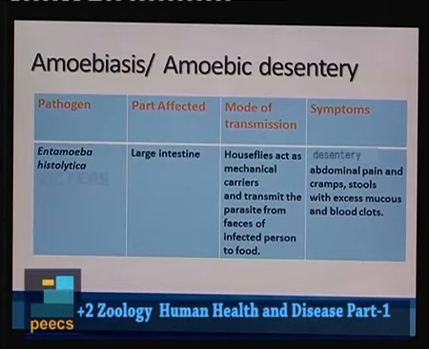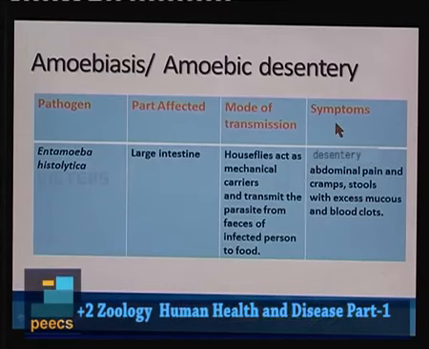The part affected will be the large intestine, and you can see the mode of transmission is given here. The housefly will act as a mechanical carrier. Remember, the housefly is not considered to be a vector. To call it a vector, the pathogen should complete a part of its life cycle within that organism.